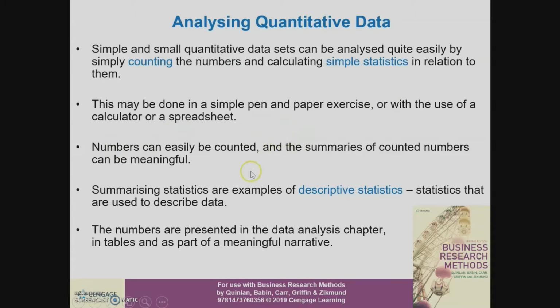So numbers can easily be counted and the summaries of counted numbers can be meaningful. So summarizing statistics are examples of descriptive statistics, where this is statistics that are used to describe data. So the numbers are presented in the data analysis chapter in tables and as part of a meaningful narrative.